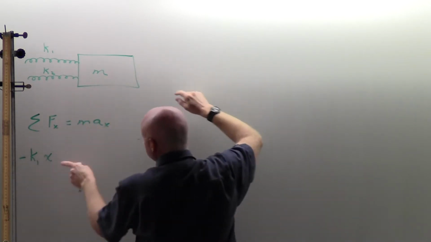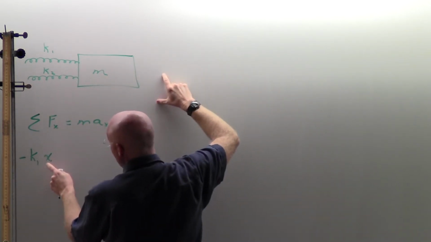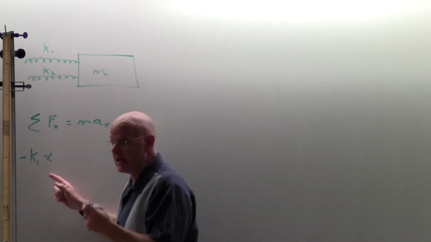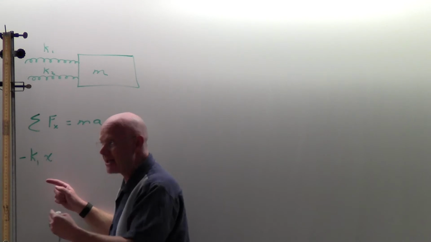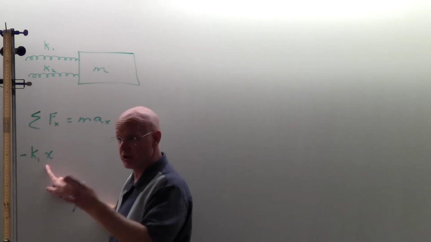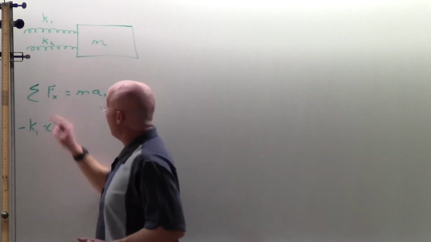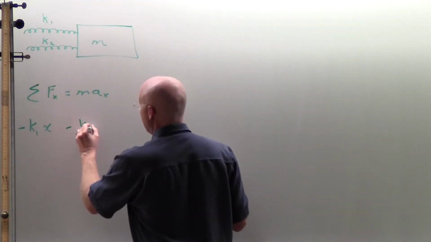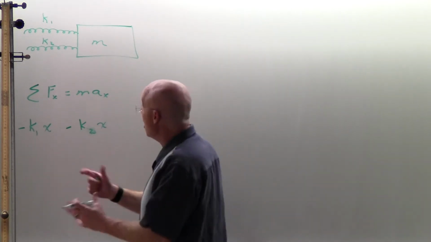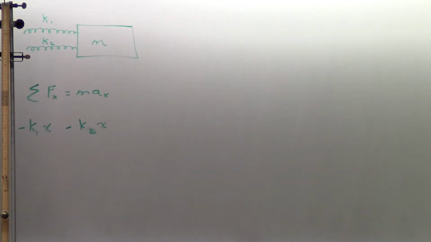If I pull it out, then x is positive, and so the negative here pushes it in. So this gives me the correct direction of the force because the negative is out in front, whether or not the position is positive or negative. And the same thing can be also said about spring number 2. And even though they're on the same side, it really comes out to be the same formula. And I do agree, that seems a little weird.